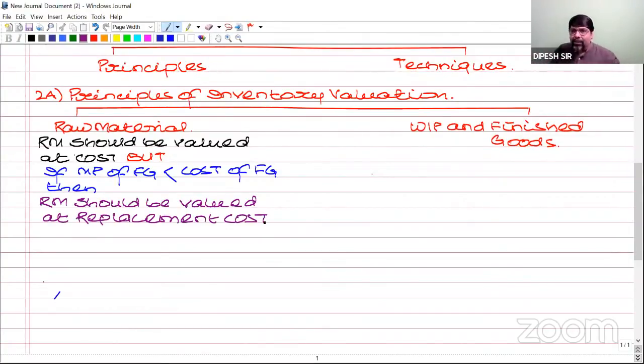If the market price of the shoes falls below the cost of the shoes, then leather should be valued at replacement cost. If the market price of the table falls below the cost of the table, then wood should be valued at replacement cost, that is raw material, chartered. Am I clear? Understood? Yes.